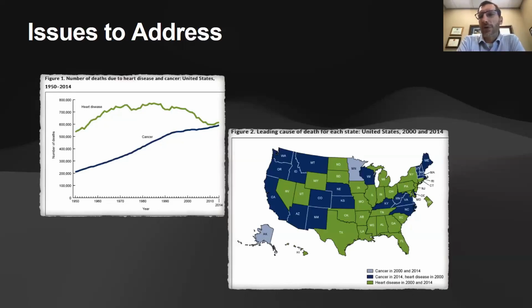And now, for the first time, cancer has surpassed cardiovascular disease. As we got a better job of treating heart disease and diabetes and all the other problems associated with our cardiovascular system, we're getting people to live longer.